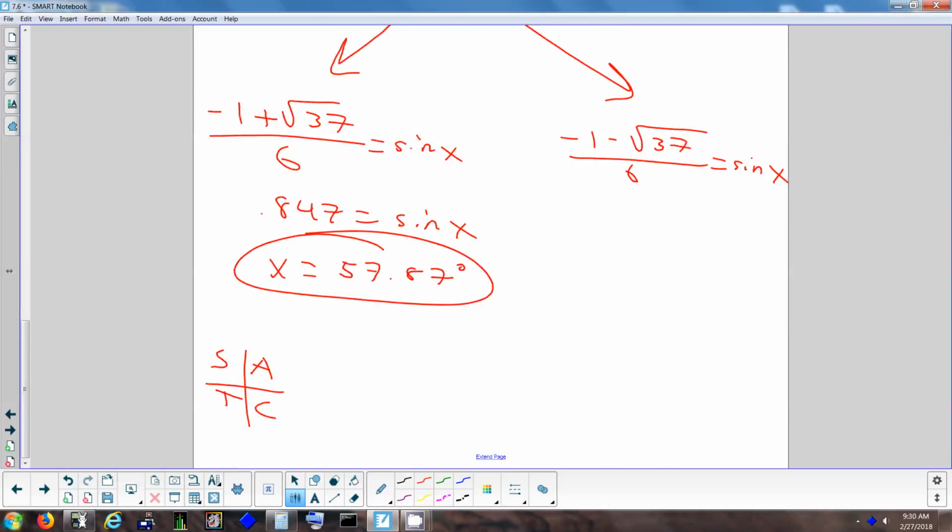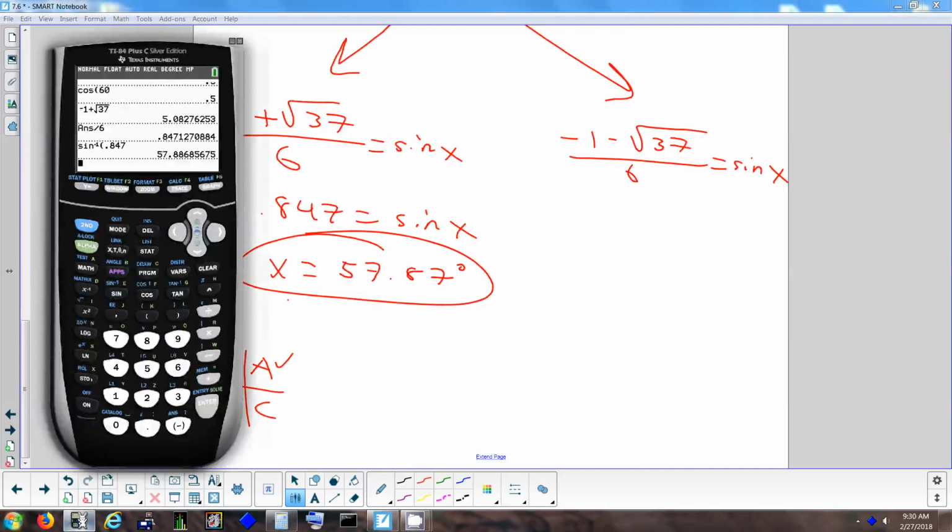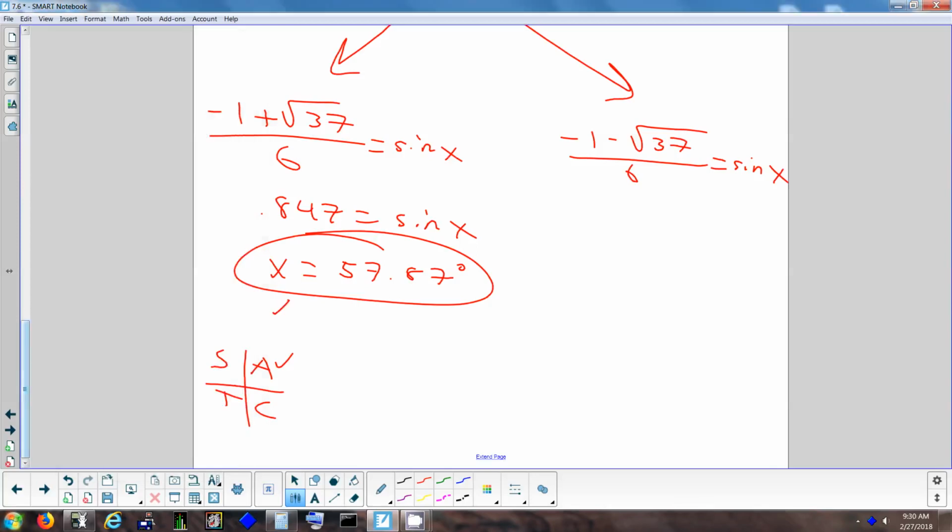Yep, it's positive in 2. I just got an answer in quadrant 1, 57. What do I do to get the answer in quadrant 2? 180 minus 57. Yeah, 180 minus the answer I just got. So 122.11. And technically I shouldn't put equals, I should put approximately equals, because these are not exact answers. Okay, so there's our 2 answers from the left part.